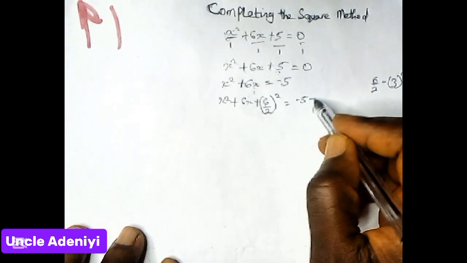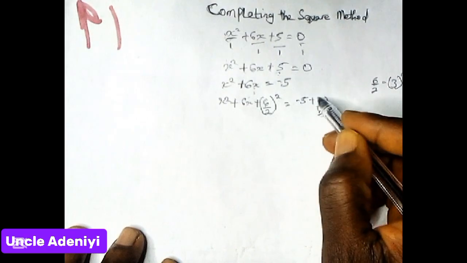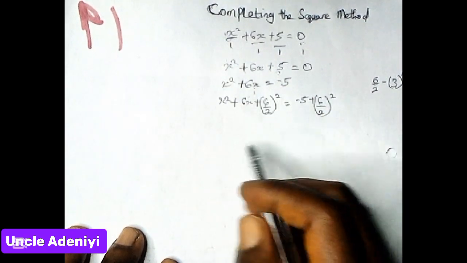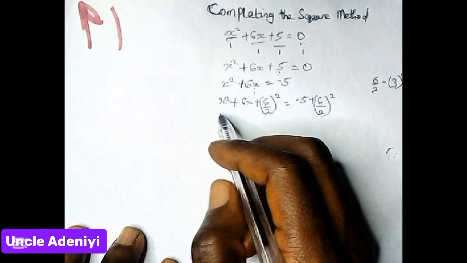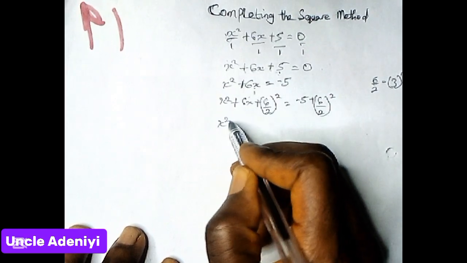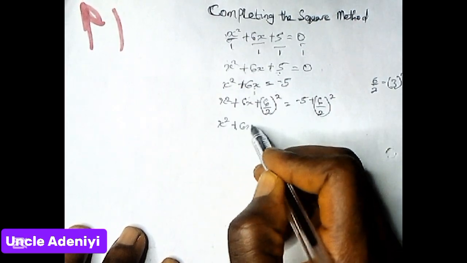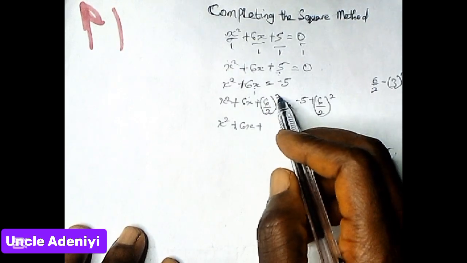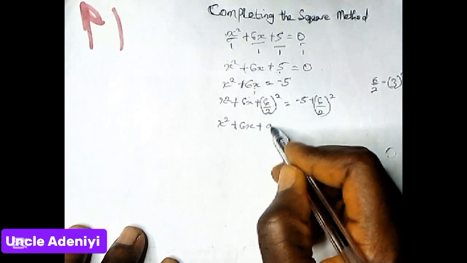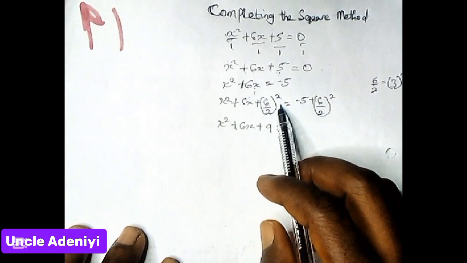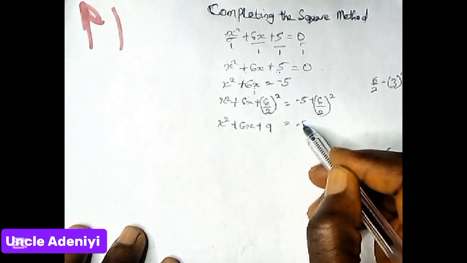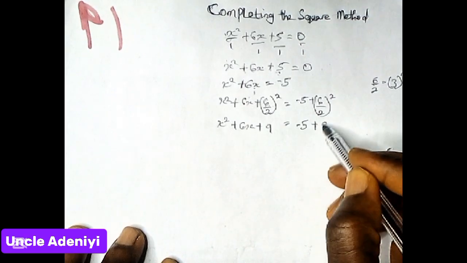Minus 5 plus 6 divided by 2, squared. So this one will turn to x squared plus 6x plus 6 divided by 2, which is 3, squared. 3 squared gives you 9, it means 3 times 3. So we will have minus 5 plus 9.